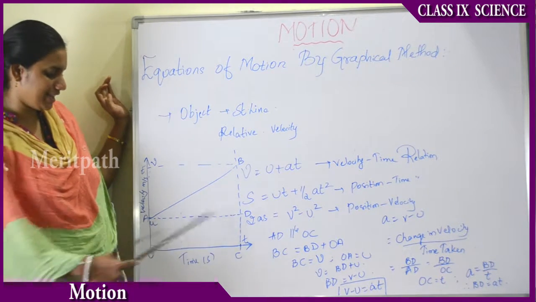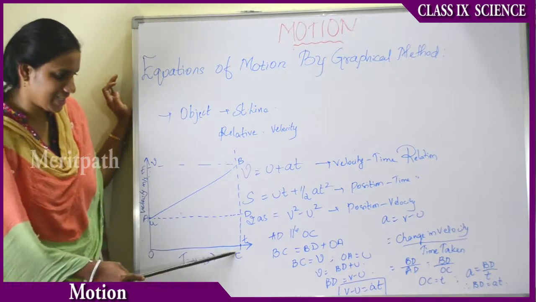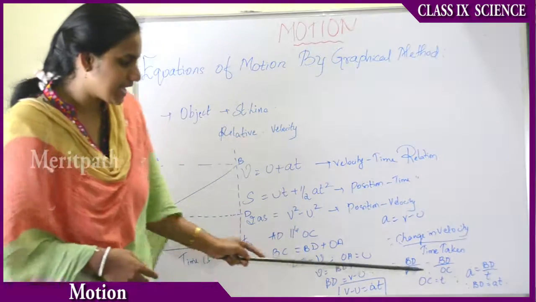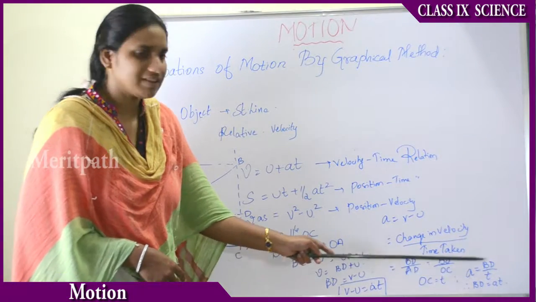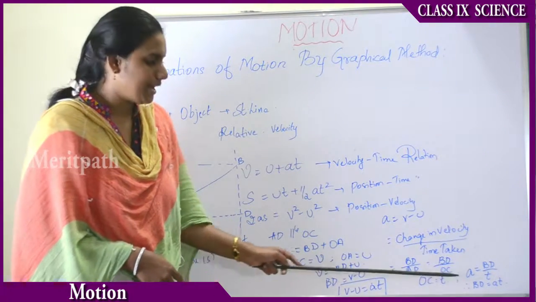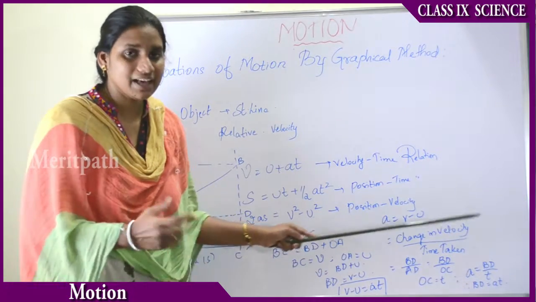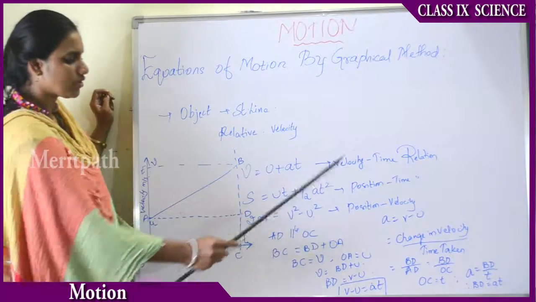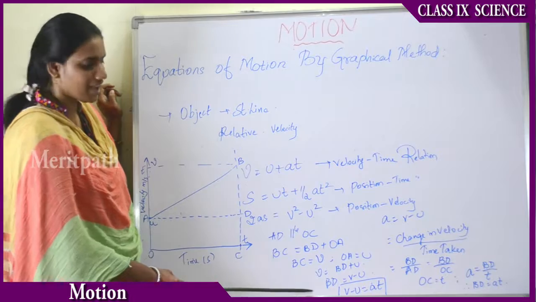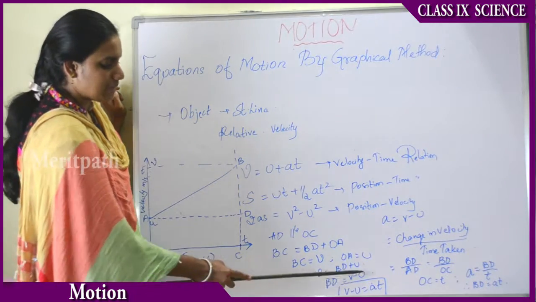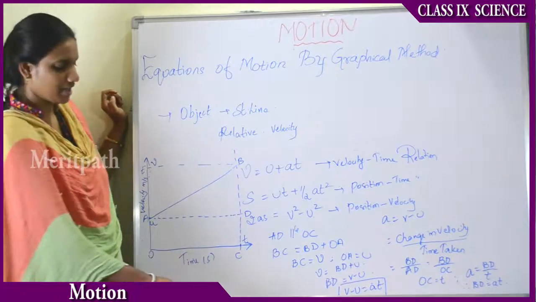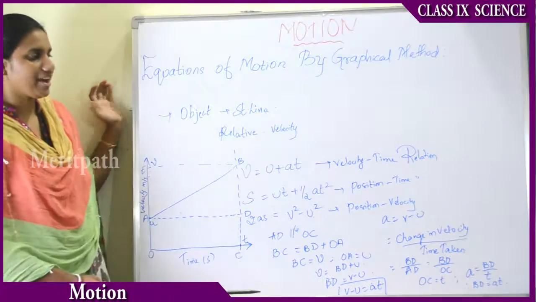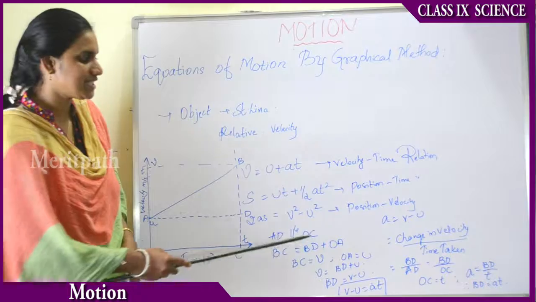Time is AD, that is equal to OC, right? Therefore we can say that OC is the time taken t. Therefore a equals BD by t, and BD equals at. Thus we substitute the value of BD in the first equation, BD equals V minus U. Therefore V minus U will be equal to at. Thus we have derived the first relation, that is the velocity and time relation.